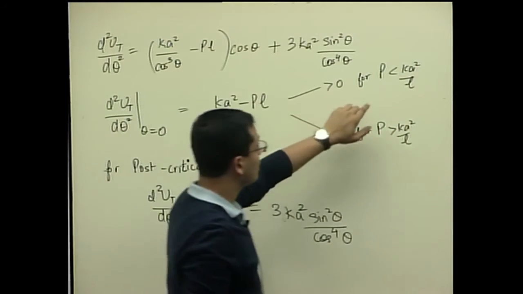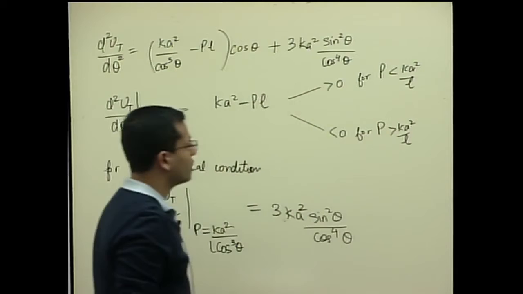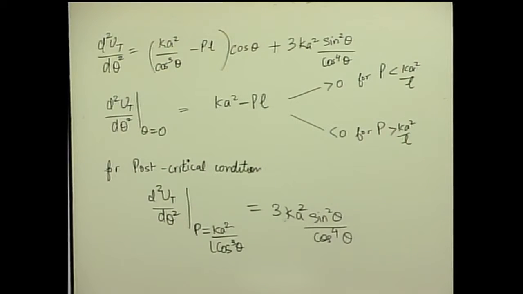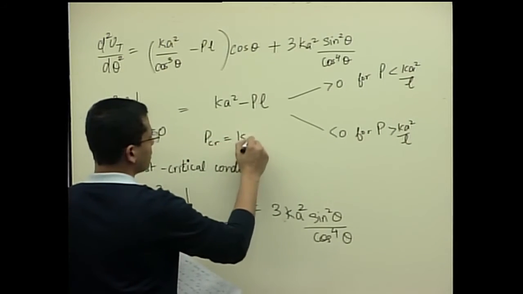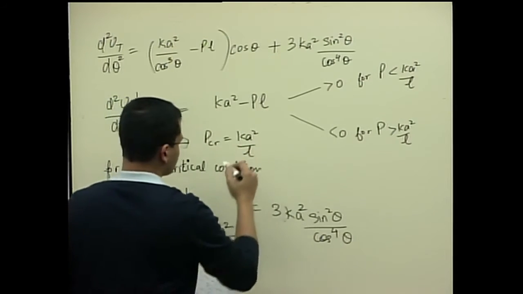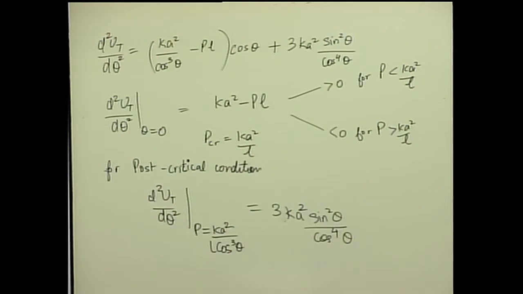So we get that if P is less than Ka square over L, then we will have a stable bifurcation. Using this primary path we can find the P critical, which is Ka square over L. So this is the critical condition.